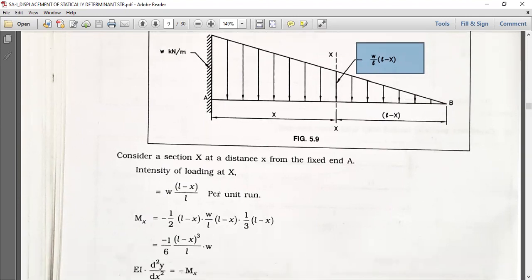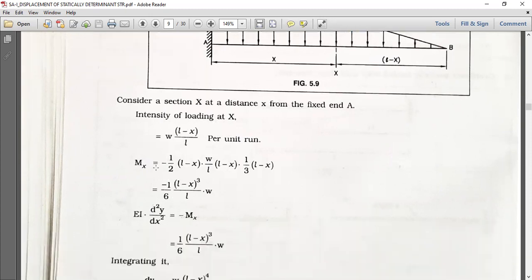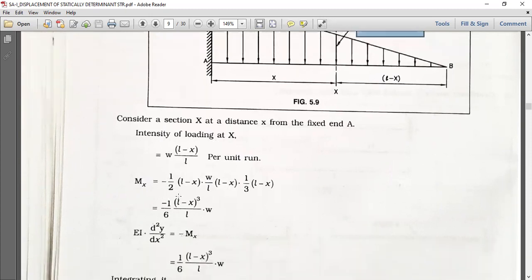Intensity of loading at X is equal to W into the particular distance divided by L per unit run. That's why W into L minus X divided by L. Now Mx is equal to minus 1/2 (L minus X) into W divided by L, (L minus X) into 1/3 (L minus X).